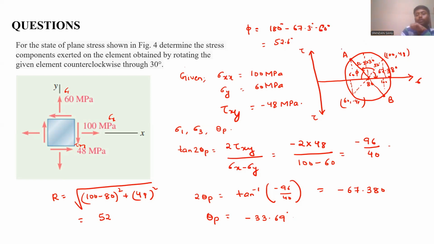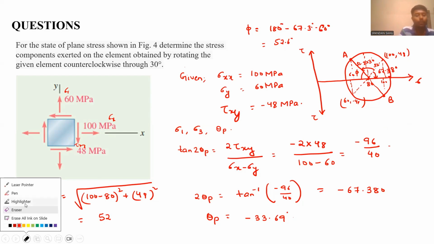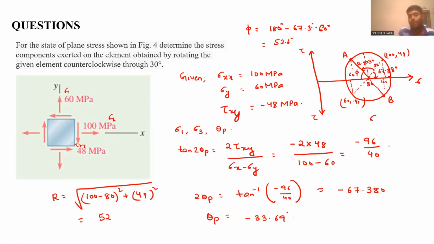So let us do sigma at A will be 52 cos phi. So can we write sigma A to be 80 minus 52 cos phi?